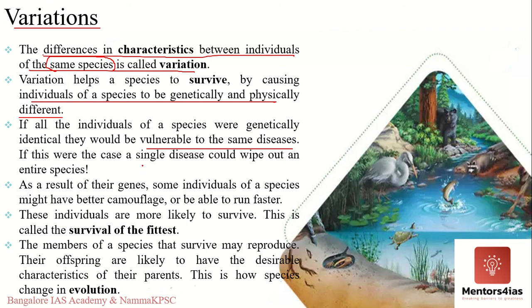So, if this were the case, a single disease could wipe out an entire species, and therefore you have variations which are actually developed. And in order to bring about more variations, organisms have developed the sexual mode of reproduction. So what we will do is that we will classify these variations into four types.